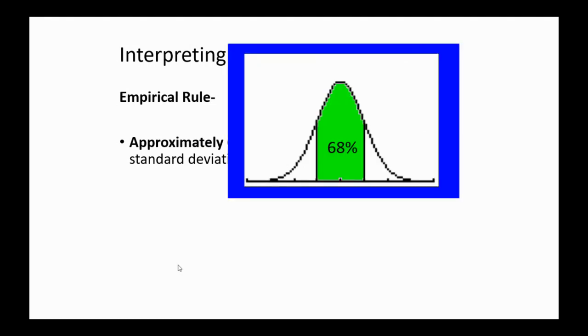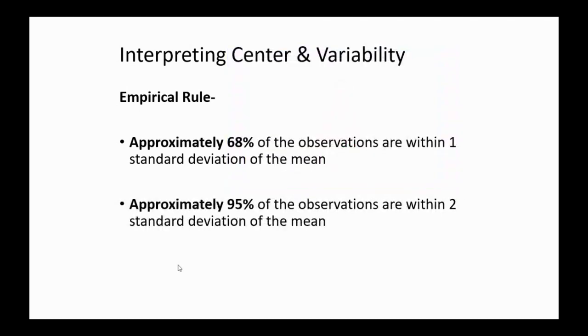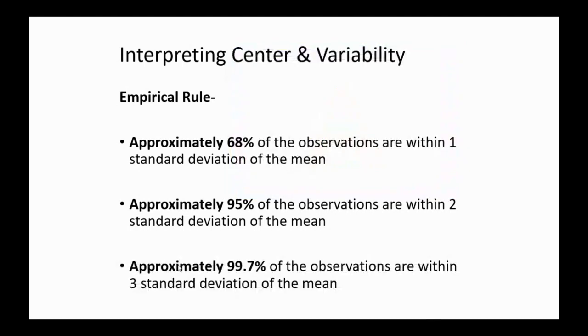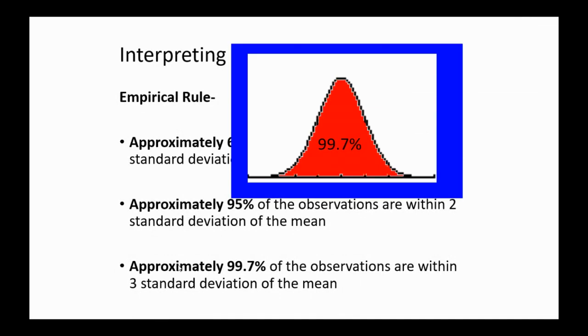So 68% are within one on each side. 95% are within two standard deviations. So we cover even more. And then 99.7% are within three standard deviations. Almost all of it, basically.